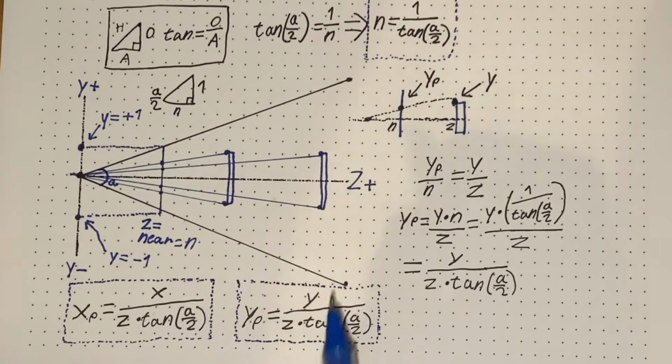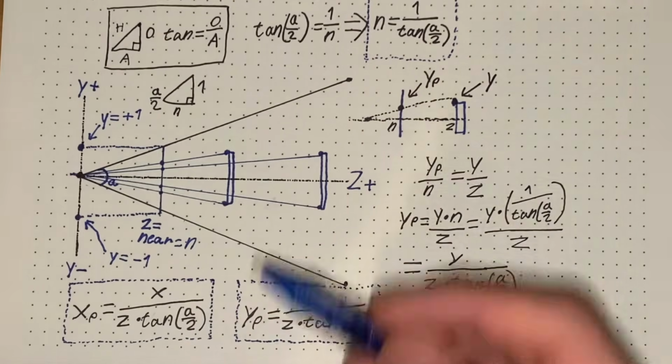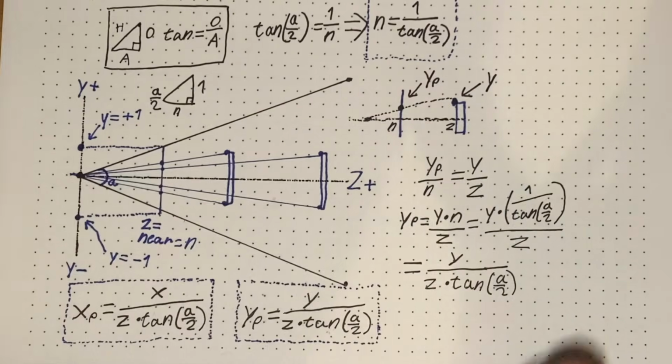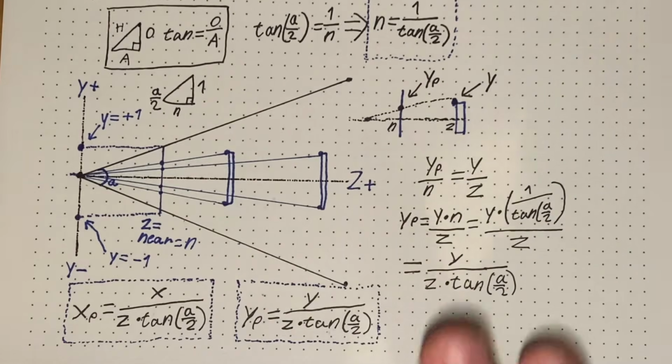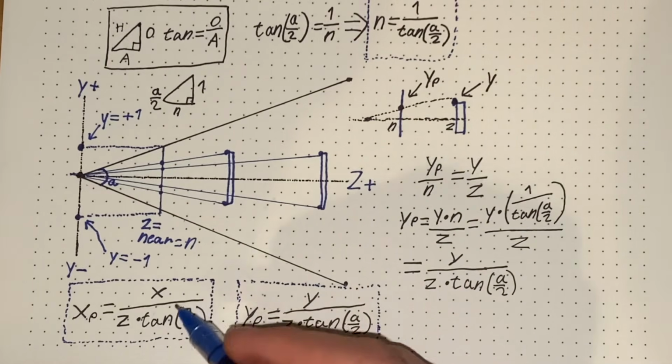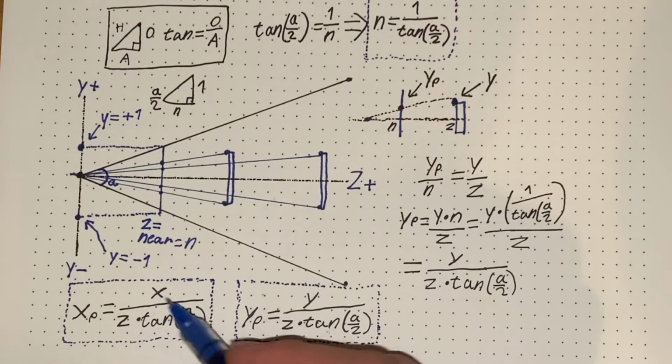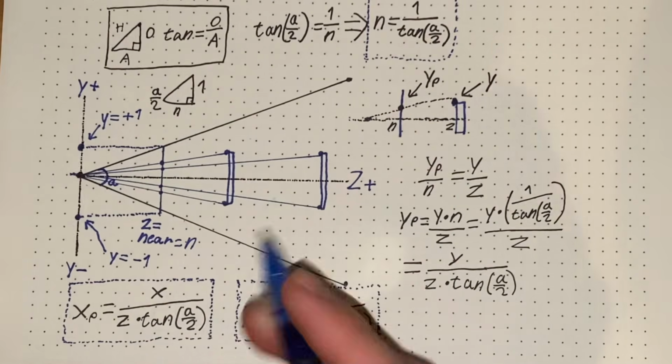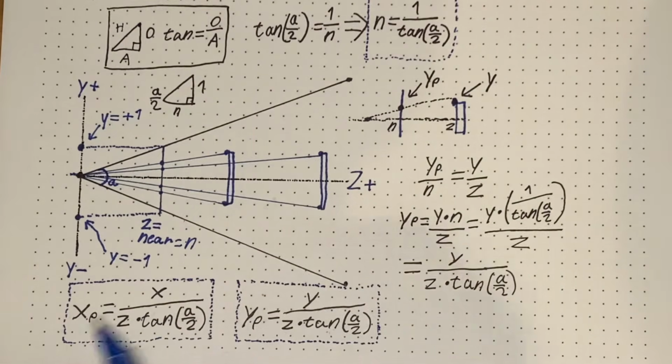Great. So here we have the definition of xp and yp, basically the point on our screen. What you input is the x of the 3D space and the z value, so like the depth, then you get a new x.